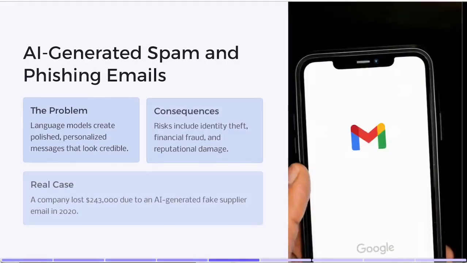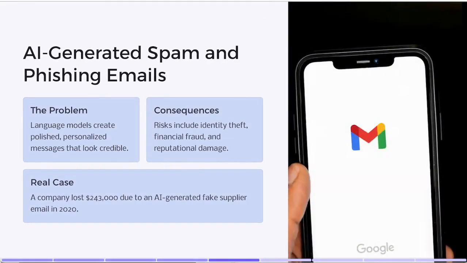Moving on to example number two, spam or phishing emails. Another high impact scenario is using language models like GPT-based systems to generate spam or phishing emails. By tuning the model in an adversarial manner, attackers create emails that look more credible with correct grammar and context-based references to you or your organization.